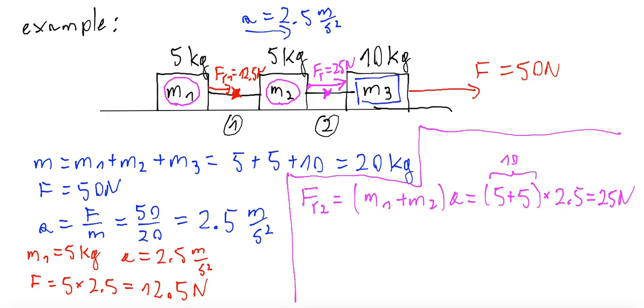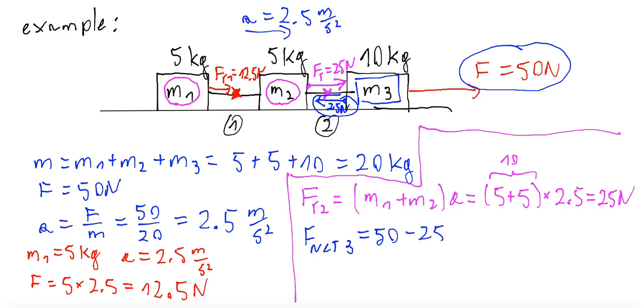If the tension of the second string is 25 newtons, it means that the net force acting on mass m3 is the difference between 50 newtons and the tension, 25 newtons. So the overall force acting on mass 3 is equal to 25 newtons.